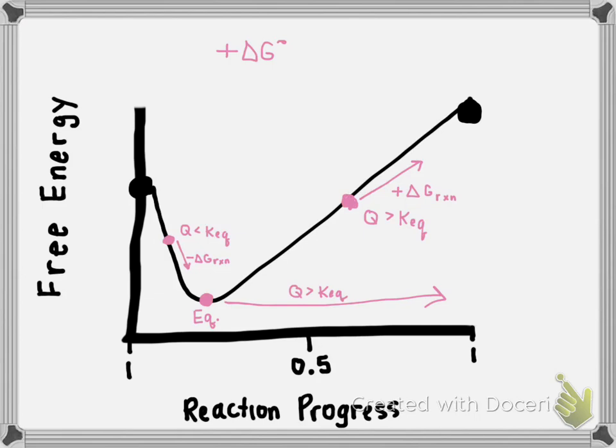And the equation we use to describe this is one that involves delta G standard, because that tells us where our equilibrium is, and an equation that involves Q, because that tells us where we are compared to where equilibrium is. And so to figure out what our delta G for the reaction is, we'll start with our delta G standard term as our reference point, and then we'll add a term that tells us where we're sitting in relation to equilibrium.